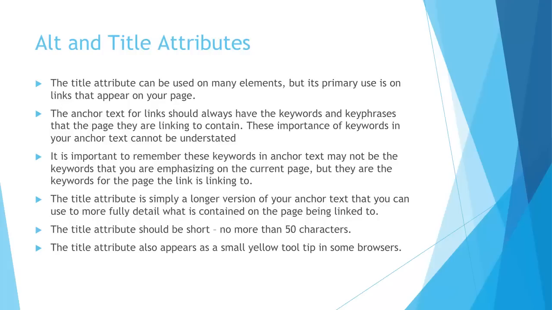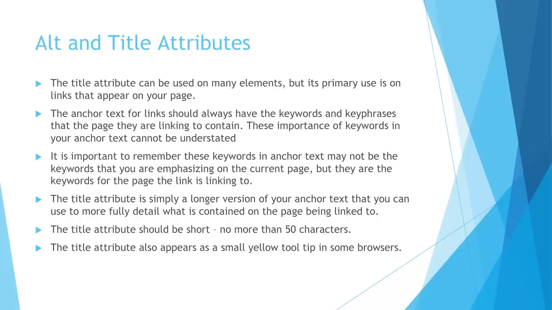If you have a link on your page and the link just simply says about, the title attribute that you include on that link should be about and then keywords and key phrases. So let's go back to our example of Timothy Coffee.